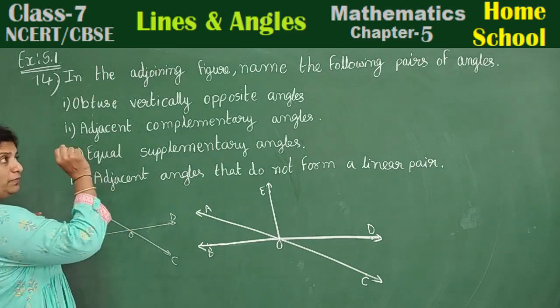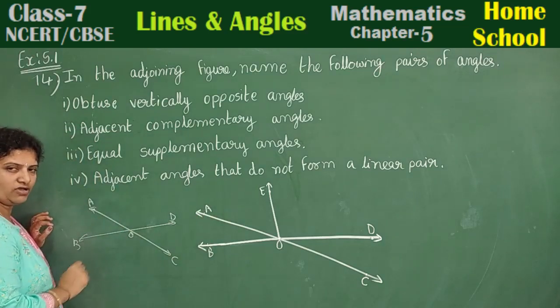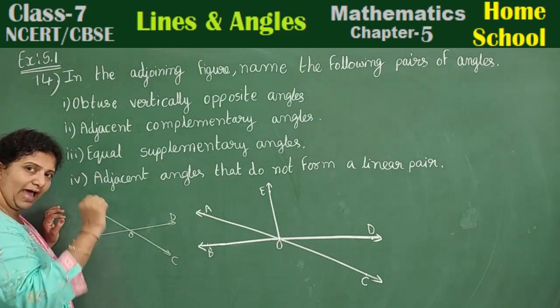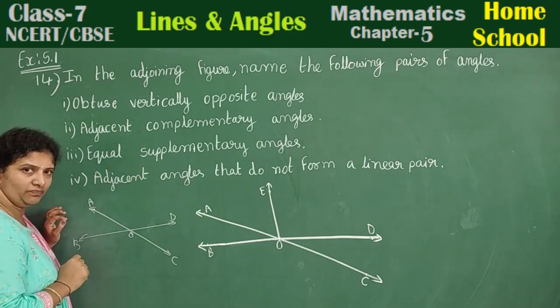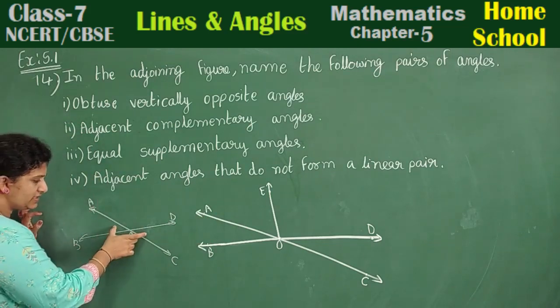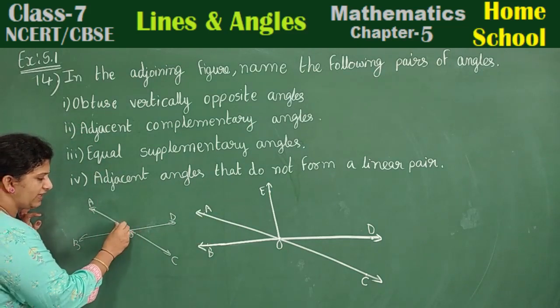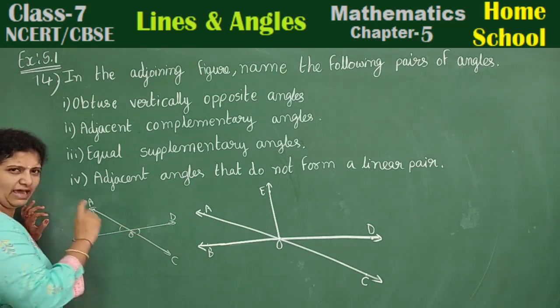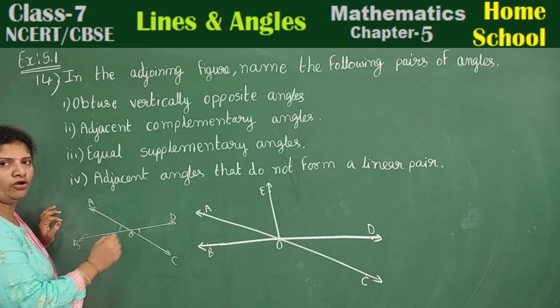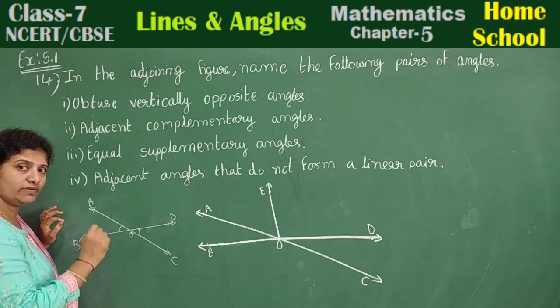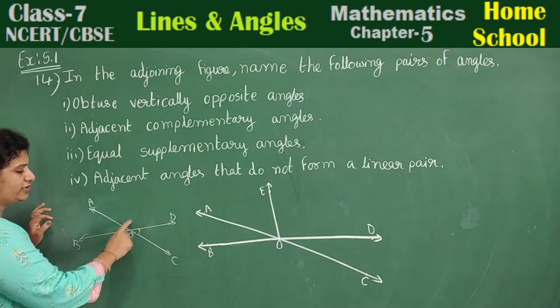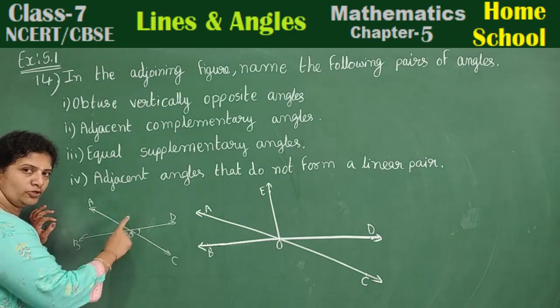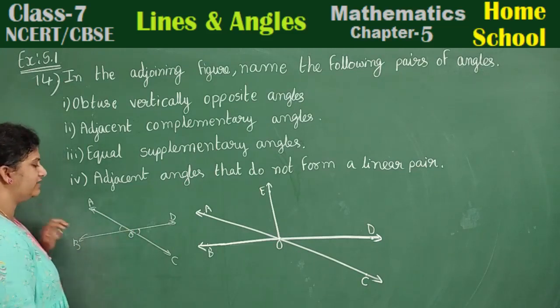Now, obtuse vertically opposite angles. Obtuse means the angle is more than 90. Here you can see these two angles are acute vertically opposite angles, means they are less than 90. We need to identify obtuse vertically opposite angles. So this pair will give you obtuse vertically opposite angles.